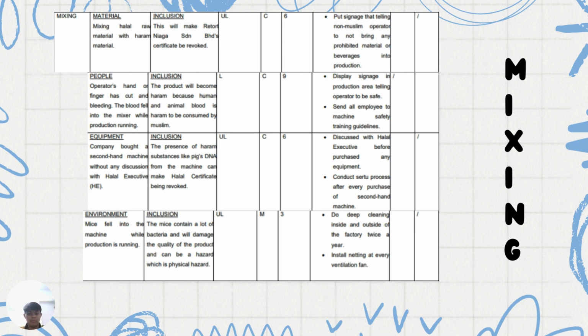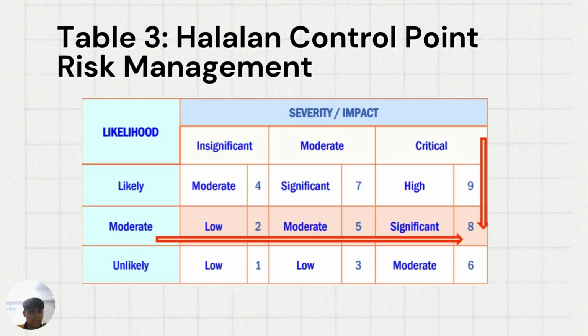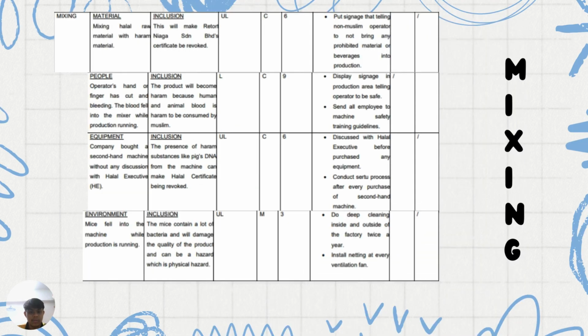So if we move to table 3 just now, we can see unlikely and critical, which is moderate, and it has to be 6. Okay, sorry, it has to be 6 here. Alright, sorry for the mistake.